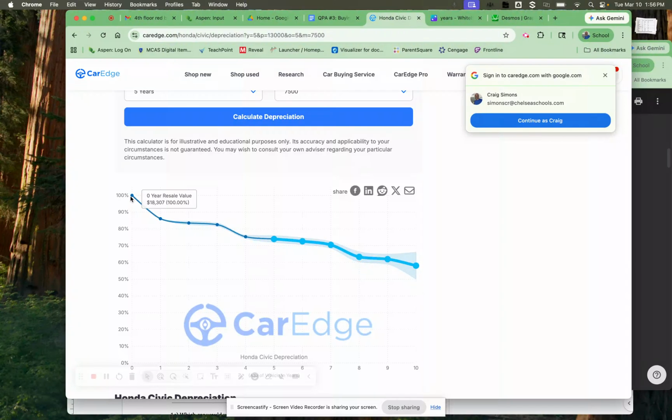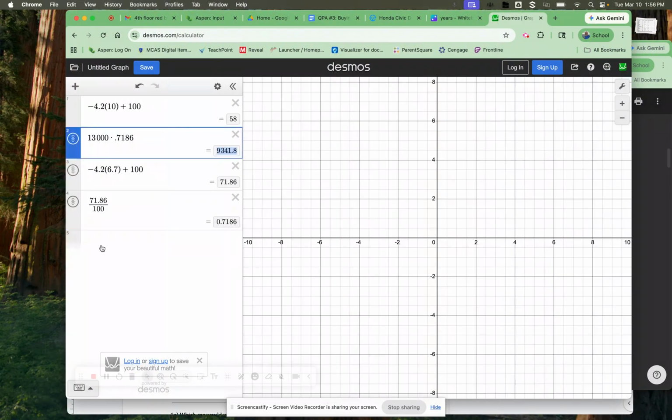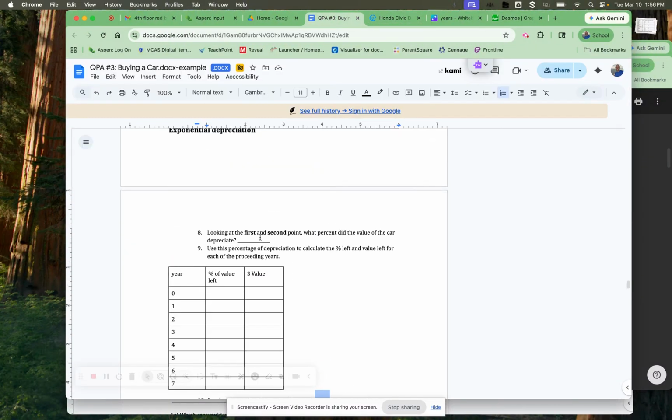So how much did it drop from 100 to 86? I take 100 and I subtract 86, so it dropped 14%. So it depreciated negative 14%. That means every year it's going to drop 14%.